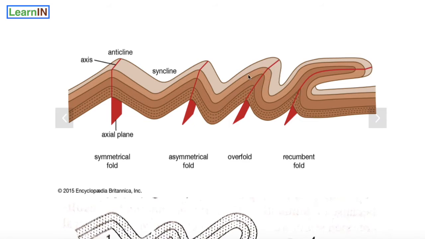This is an overfold, due to some force. And when there is once again another force, and both limbs are parallel and horizontal, this is the case of a recumbent fold. That is our answer.